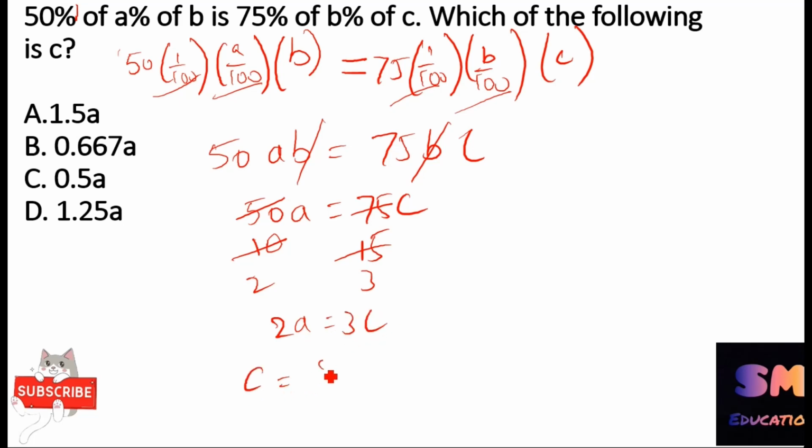From this C value, 2A by 3. This will give you 0.66A. So answer is option B, 0.667A. We have to calculate the C value in terms of A. So this is the answer. B option is the correct one.